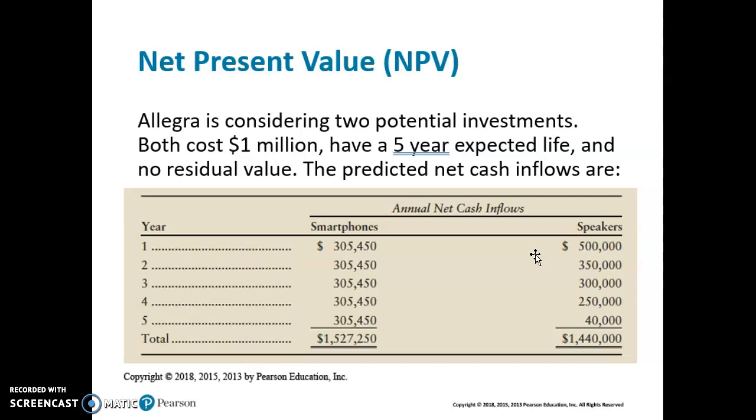We compare the present value of the net cash inflows to the cost of the initial investment to decide which projects meet or exceed management's minimum desired rate of return. So in other words, management is deciding whether the $1 million is worth more because the company would have to give it up now to invest in the project, or whether the project's future net cash inflows are worth more.